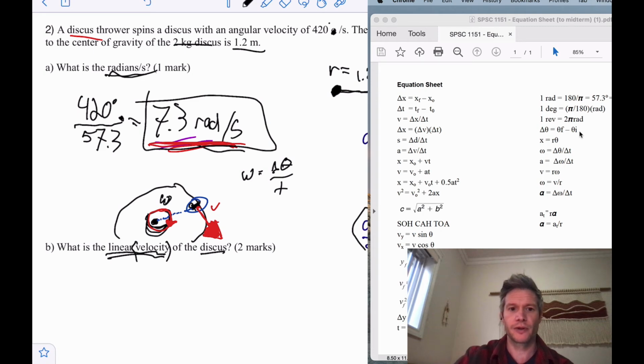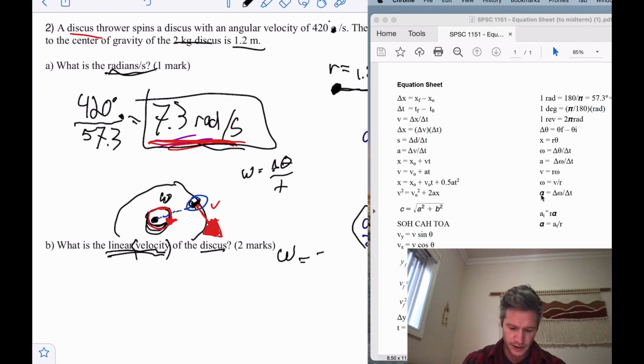Okay, so we know angular velocity, and we remember that the weird W, omega, sign means angular velocity. So we have 1, 2, 3, 4, 5 equations with it in. So what else do we know here? Well, we have our angular velocity equaling 7.3 rads a second.